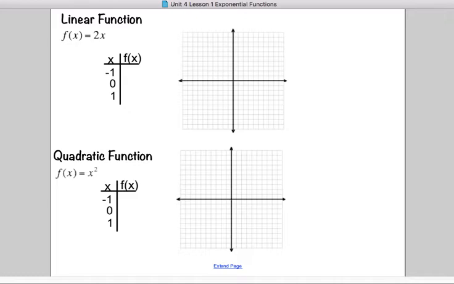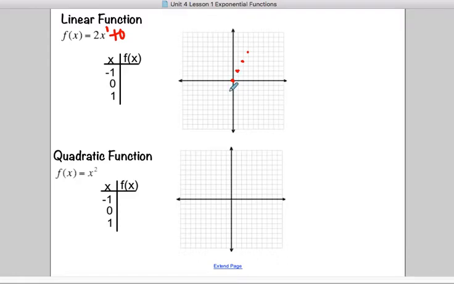The reason I know it is a linear function is because it has x to the first degree. Anything that has an x to the first degree as its highest exponent, then we know it's linear. So we could fill out a table for this one, but we know this has a y-intercept of 0, and then the slope is up 2 over 1.